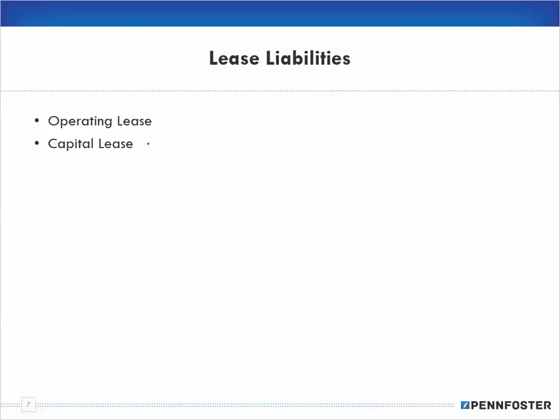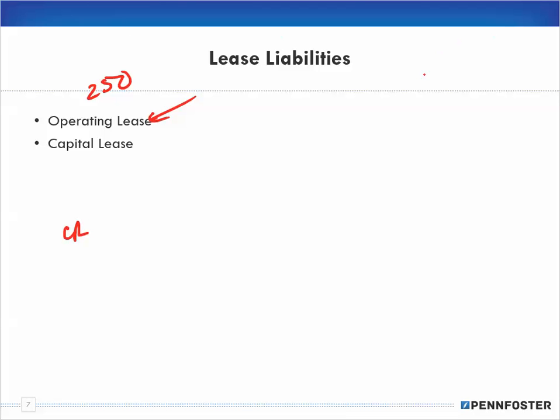Now, let's talk about operating leases first. Every month you're going to make a payment on the lease. To make that payment, you're going to credit, and let's just use the number that's actually in the book, which is $250.